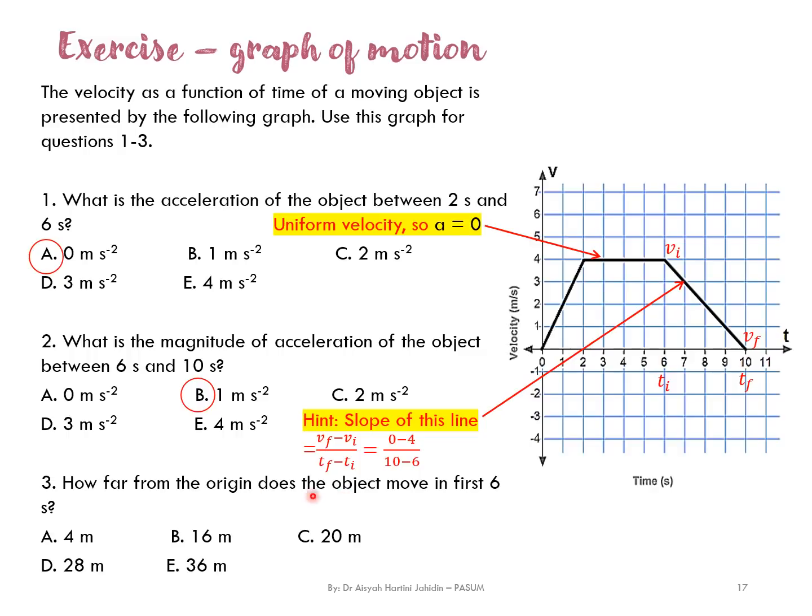For number 3, how far from the origin does the object move in the first 6 seconds? How far indicates the position of the object. So from the v-t graph, if we want to find the position, we need to calculate the area under the graph in 6 seconds.